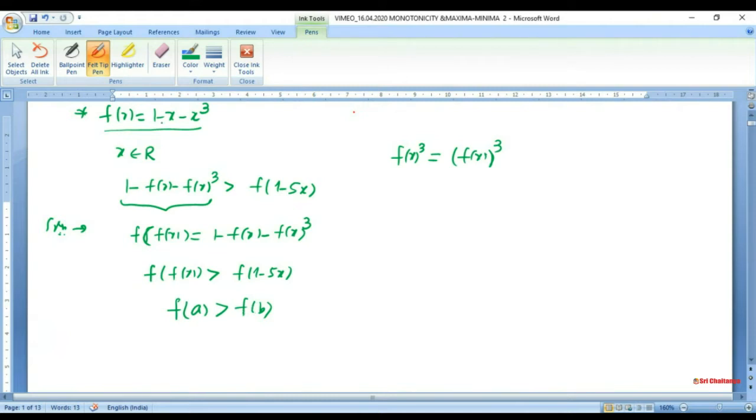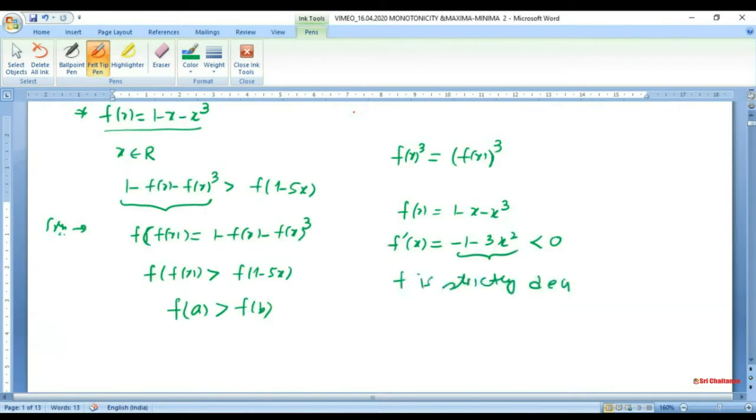But because the nature of f is given, f itself is 1 minus x cube, so I'll differentiate with respect to x. So f prime x gives me minus 3x squared. And this whole thing is negative for all x belonging to R, and so I can say that f is strictly decreasing.